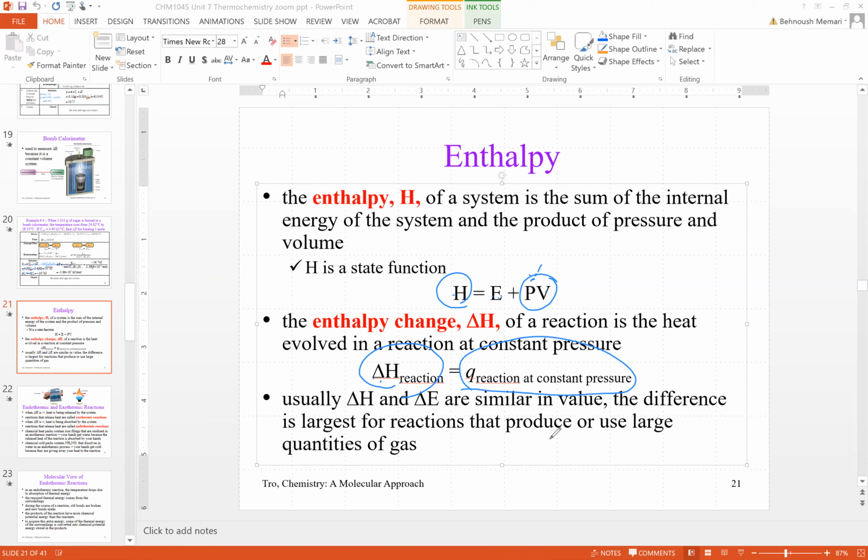Delta E and delta H, as it says here, are similar unless the reaction involves a large change in the number of moles of gas. That means there would be a huge change in pressure, and that is going to make a contribution to the delta H value.